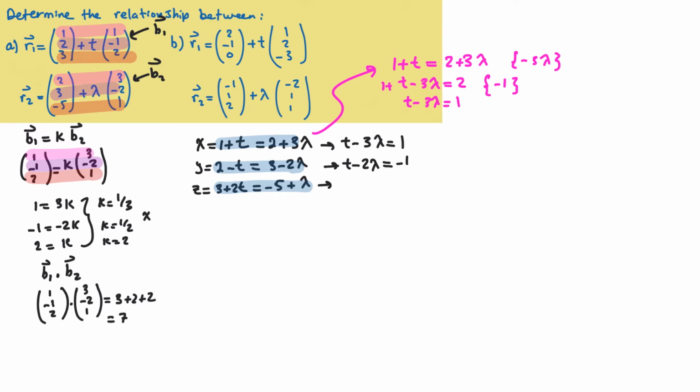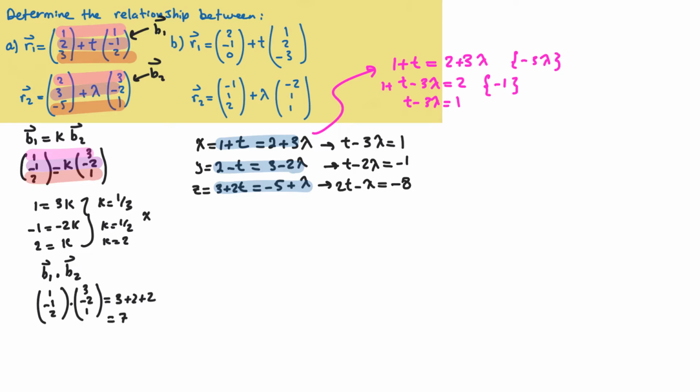And finally, for the last one, I have 2t. I'm going to subtract lambda from both sides to get 2t minus lambda, and that's going to equal 2. I am going to subtract 3 from both sides to get negative 8.